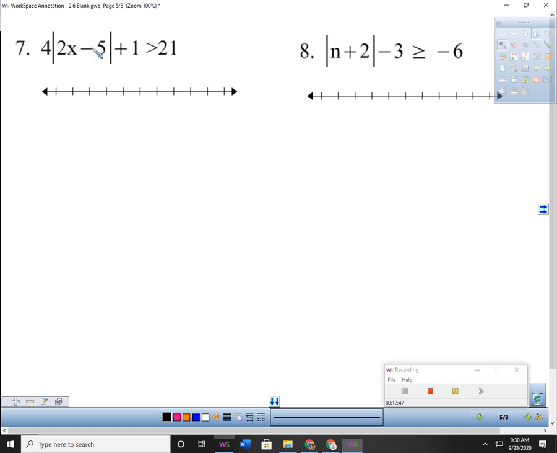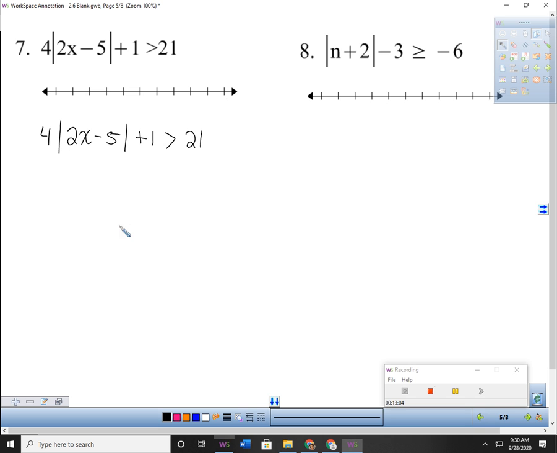Alright, so here's a couple of problems where we don't have an absolute value by itself, right? So pull that down here so that you have room to work with it before you do anything with it. Alright, so your goal, first off, is to get your absolute value completely by itself.